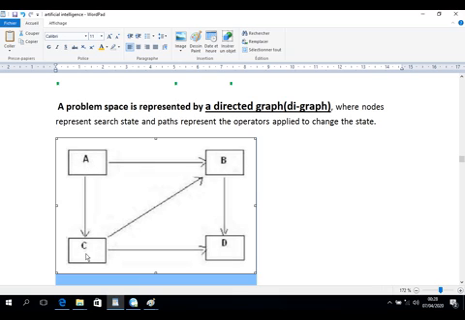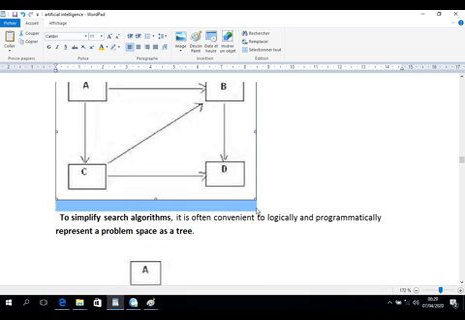It means that when we are in state A, there is an operator that we can apply to change from state A to state B. There is another operator that can be used to move from state A to state C. Is it okay?